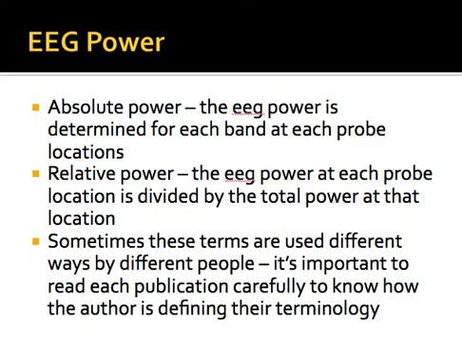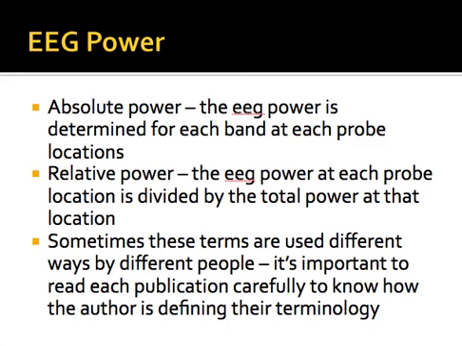Now, to complicate this, sometimes people use these terms differently than what we've defined them here. So it's really important when a publication mentions that they calculated the relative power, to find out exactly how they calculated relative power, because sometimes people mean different things.